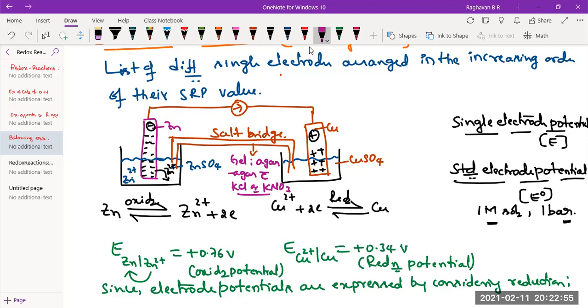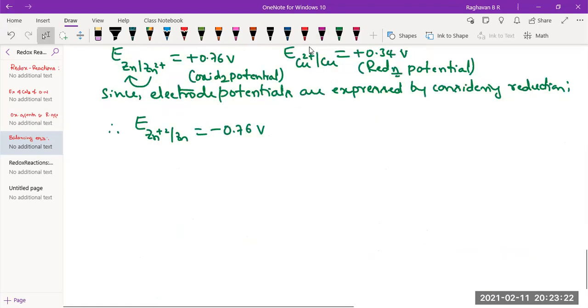So this is the device obtained by clubbing two single electrodes. Each single electrode is called a half cell. This is a half cell, and the left-hand side is also a half cell. Half cell plus half cell is simply a cell, not a full cell. Now this cell, which is obtained by combining two single electrodes, is called a voltaic cell, or galvanic cell.